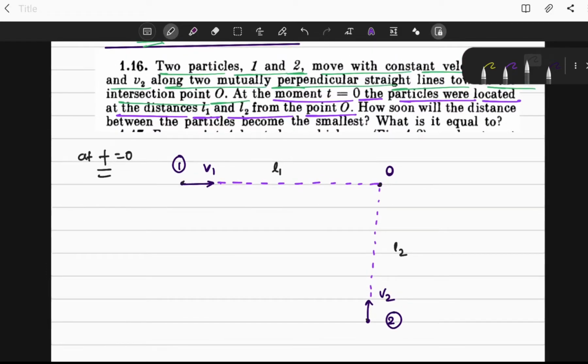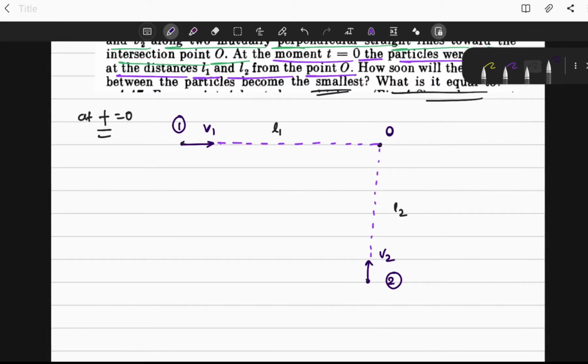Then it is asking for the time for which the distance between the two particles will be the smallest, and then what is that particular distance. So let us first consider what is the distance between these two particles at time t.